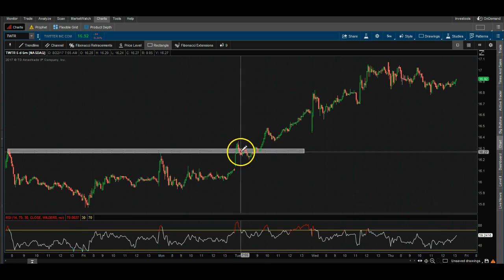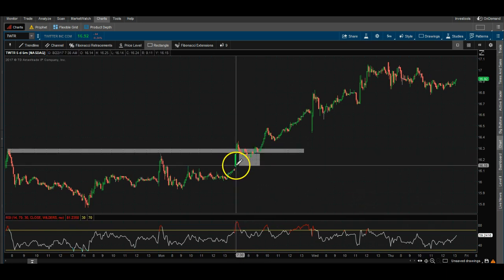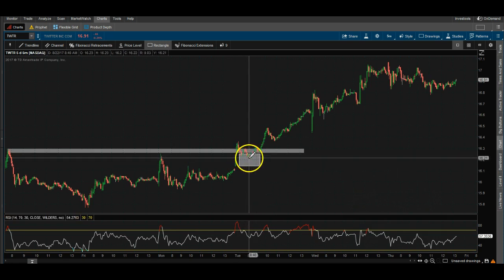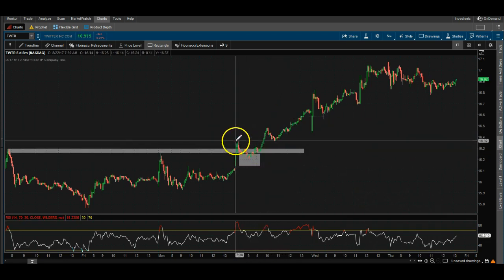You could have entered here, maybe giving yourself a stop below here. So you were essentially risking 10 cents on this trade, and look at what price did. You took about 5 cents worth of heat, and then it just started to rally, and once it broke above here, you knew you were good.